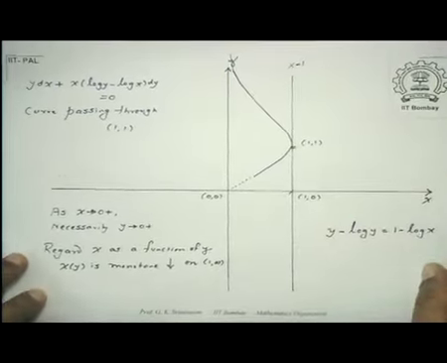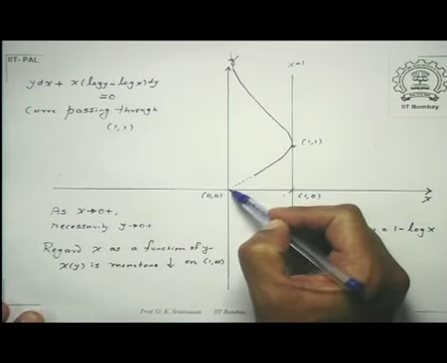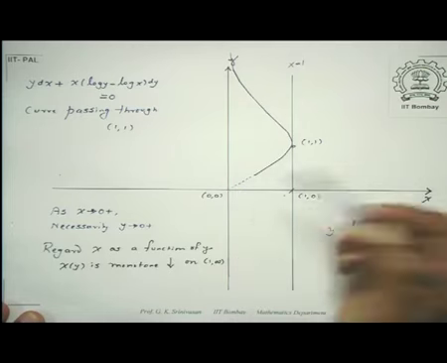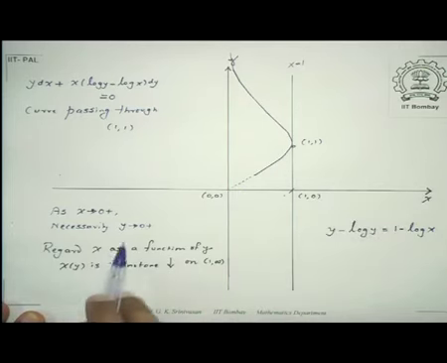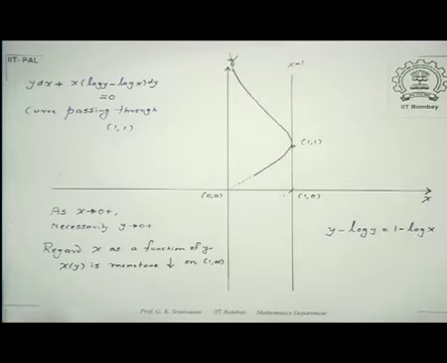Now the question is, how do I know that this graph goes all the way to the origin? How do I know that when y goes to 0, x must go to 0? And how do I know that when y goes to infinity, x must go to 0?